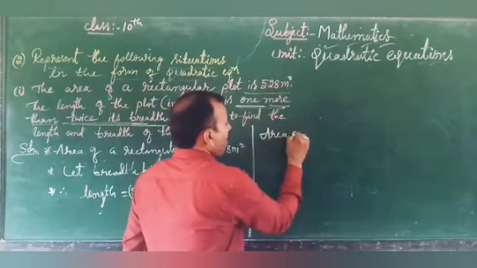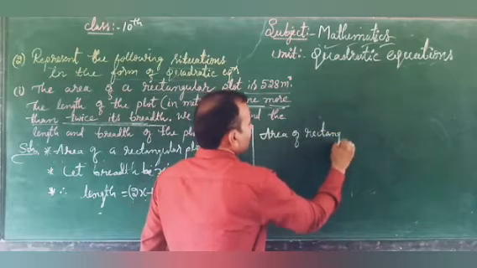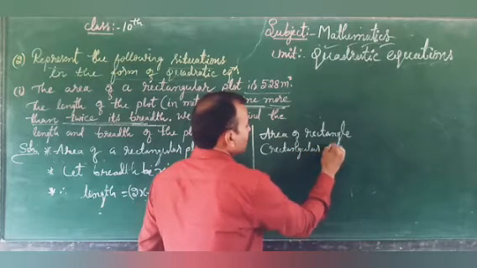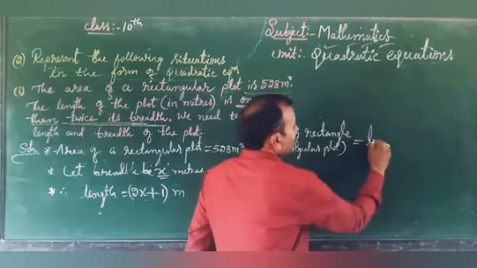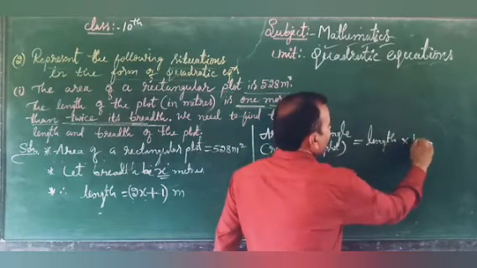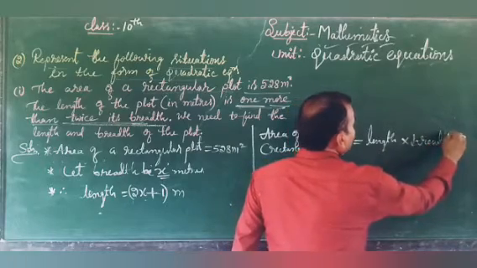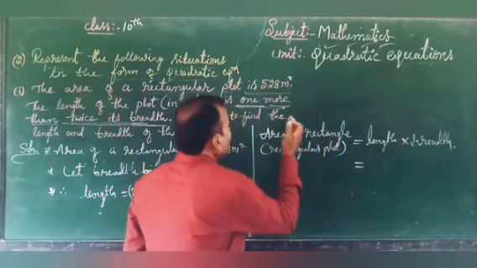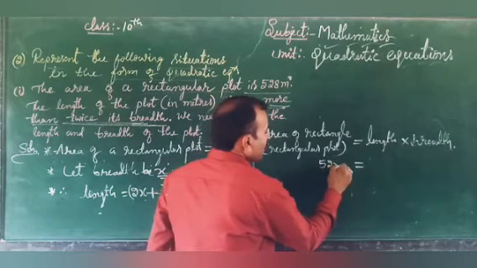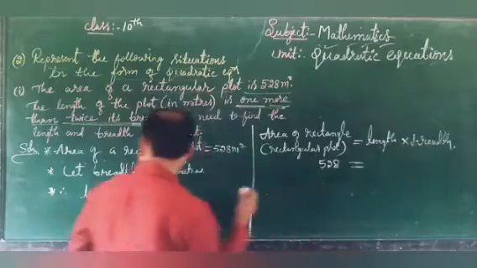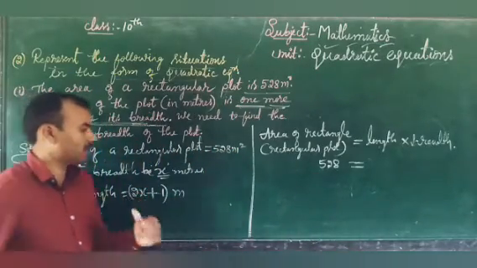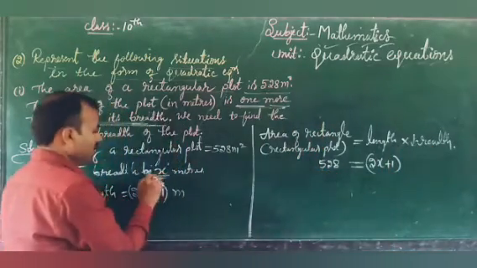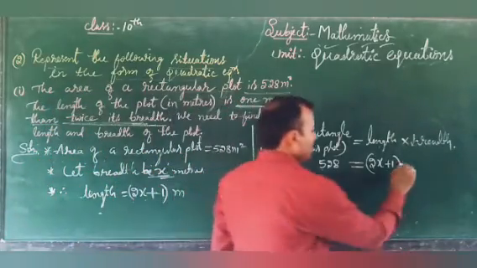Here the area of the rectangular plot is given as 528, equals length 2x plus 1 into breadth, which we consider x. So breadth is x.